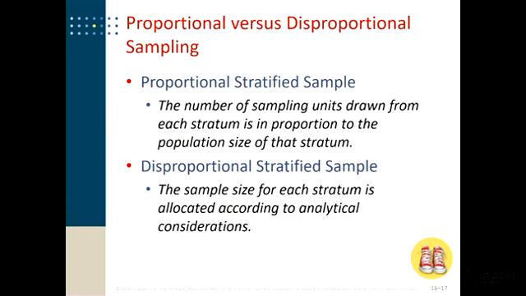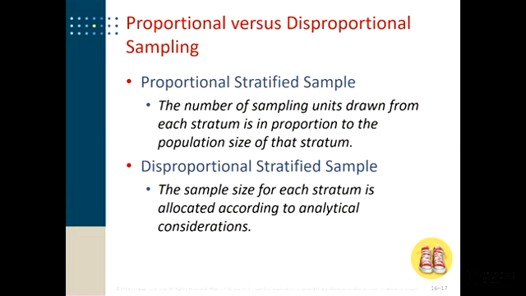Then proportional stratified sampling and disproportional stratified sampling. I already have said that in quota sampling or stratified sampling, you divide your entire population into different subsamples in a way that your subsamples represent particular characteristics of your population.